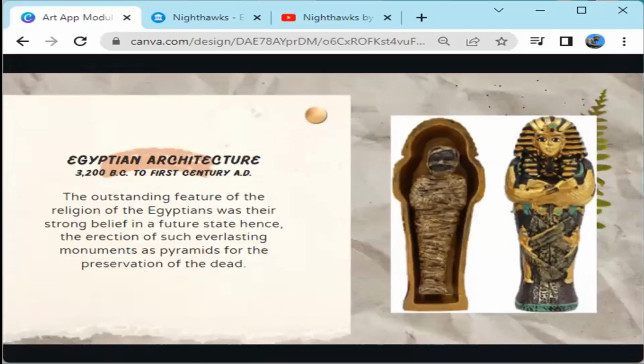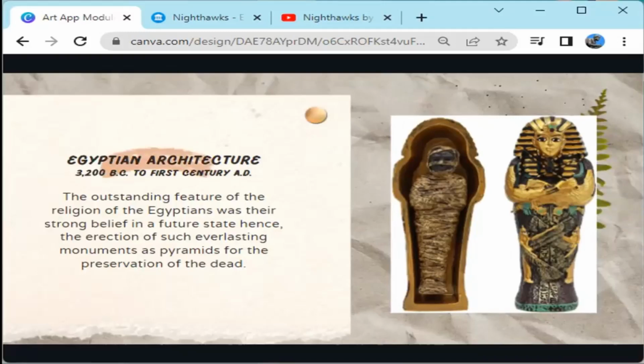So the erection of such everlasting monuments really is focused on preservation of the dead, but not simply preservation of the dead. Kaya talaga nila ginagawa to kasi they believe in the afterlife. Okay, and of course, since they believe that they're God kings, yung mga nobilities nila ay technically gods and goddesses, parang ganun.